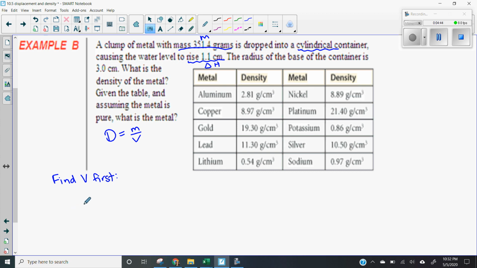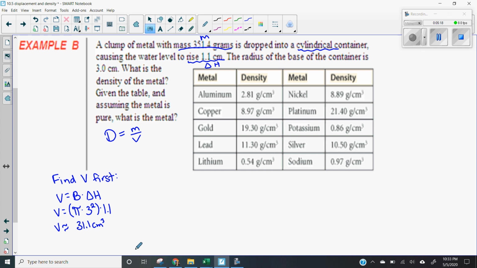So we're going to use this formula, area of the base of the container times the change in height of the water level. It's a cylinder. I underlined that up there. It's a cylindrical container. So for base area, we want pi r squared. They do tell us the radius is 3. And then the water level goes up by 1.1 centimeters. So that volume is approximately 31.1 cubic centimeters.